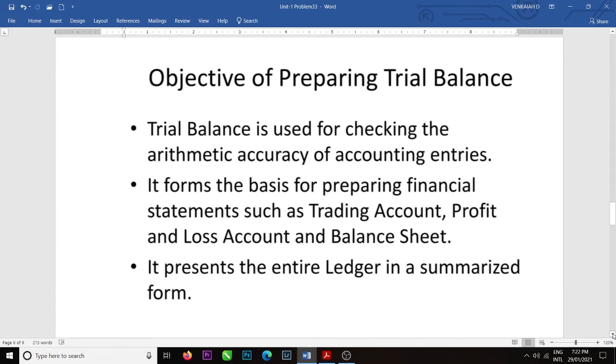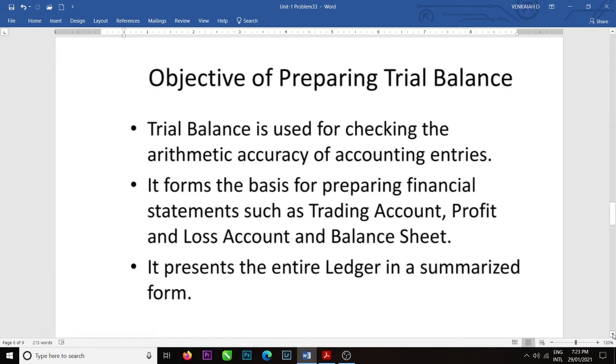We already understood this earlier. From the trial balance, we prepare the trading profit and loss account and balance sheet. So the trial balance is a basis for preparation of financial statements or closing statements.